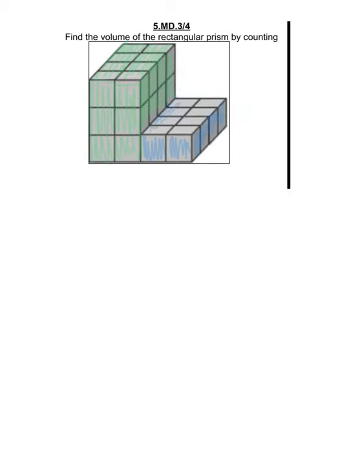So just a refresher, because I know we've been on break, volume is a calculation of the inside space of a 3-dimensional shape. Now, a 3-dimensional shape is one that has 3 dimensions: length, width, and height.